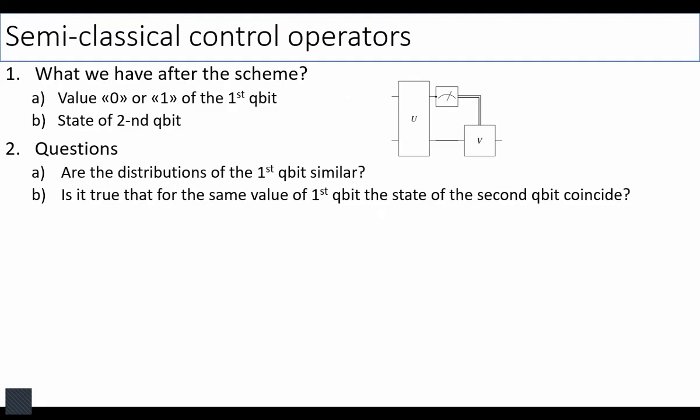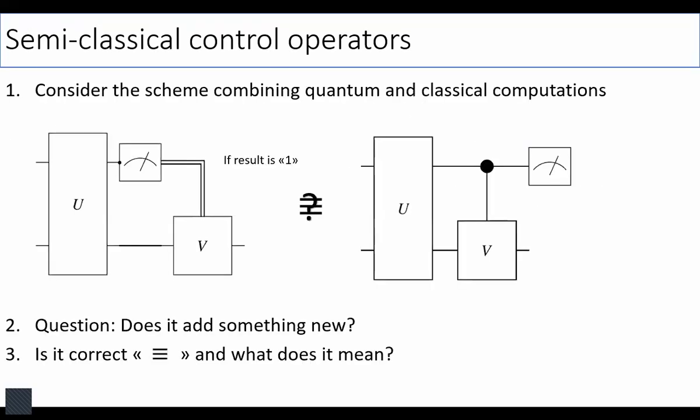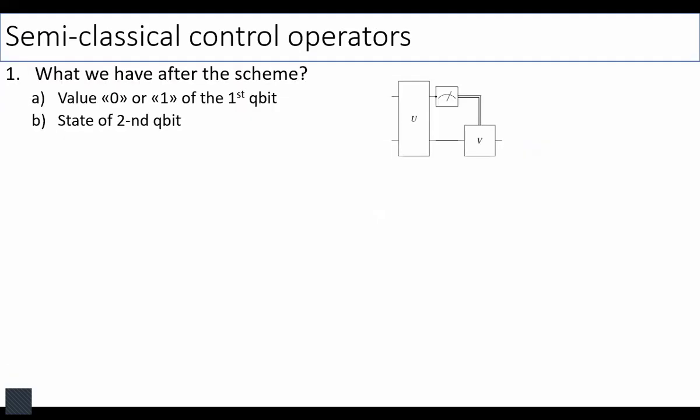If we get the same answer in those two, the probability to get 0 is the same. And whatever we get, if we get 0, then the second qubit would be in the same state as it was. If we get 0 here, the state here and here would be the same. And if we get 1 in both, the state here and here would be the same.